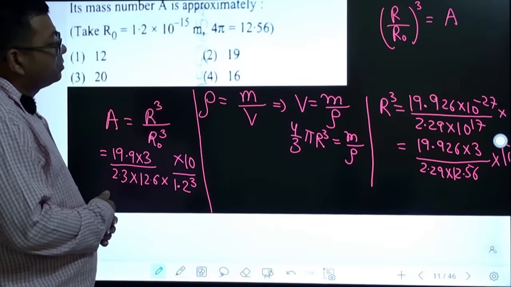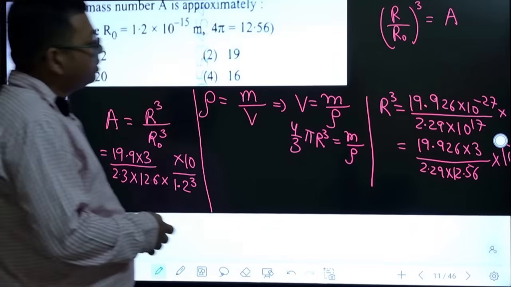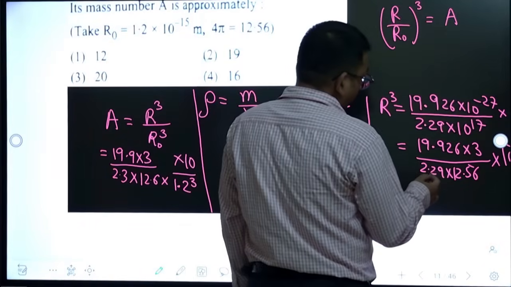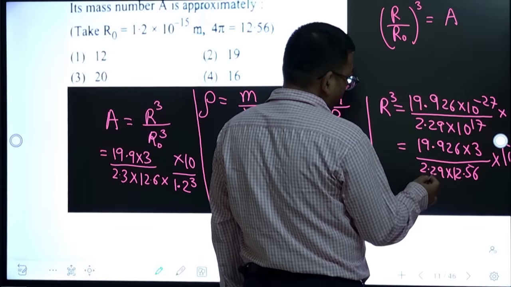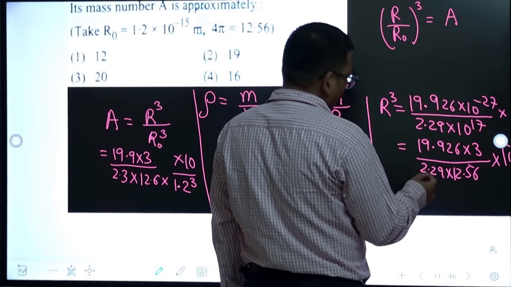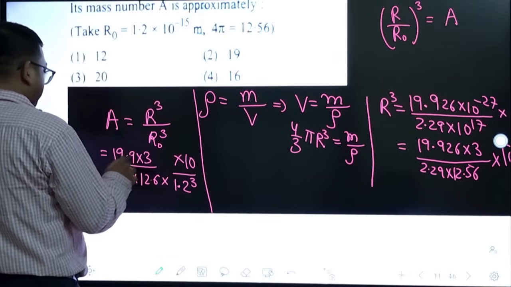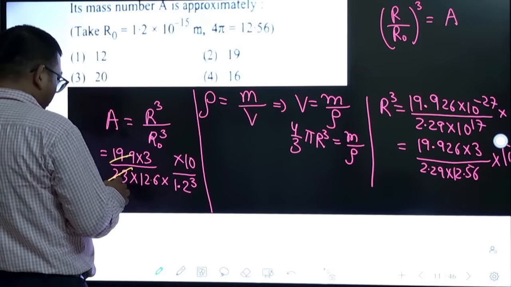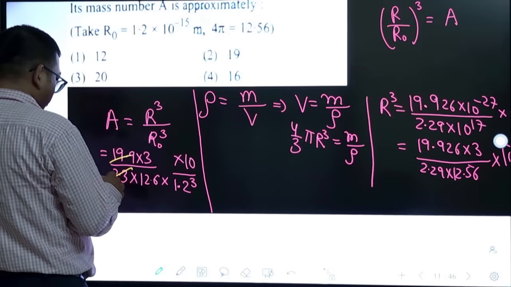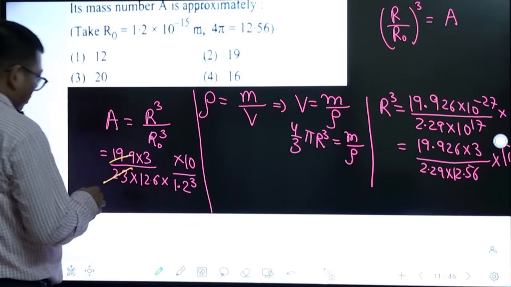Exact calculation. I think this 9 times it may go. 9 into 9, 81. 9 into 2, 18, plus 8. Might be 2.29. This factor might be cancelled out. Suppose if I take 9, 9 into 3, 27. No, it will be more. Maybe 8.